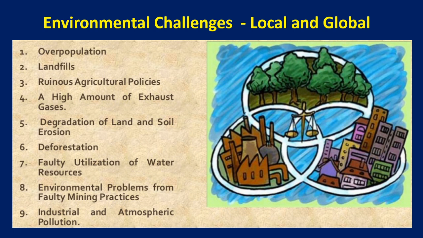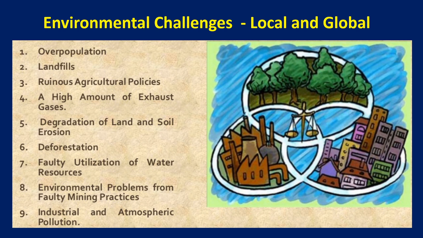Deforestation, I think I don't have to talk much about deforestation, because all of us are aware of how deforestation is affecting us at local level and globally with respect to environment. Every year when the rainfall is going down, that is the time we remember, oh, we are cutting trees. Or on Environment Day, we remember, oh, we need to plant trees, so that we will sustain and maintain our forests.